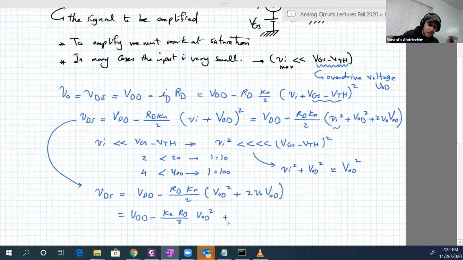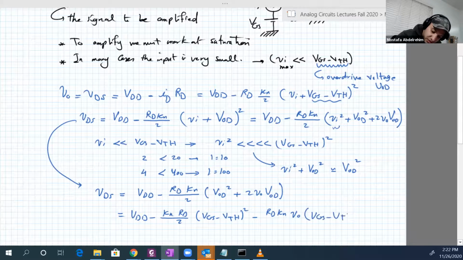And now I will bring V overdrive back to its original shape, VGS minus V threshold, so the squared term is (VGS minus V threshold) squared, plus or minus, because RD Kn over 2, and the 2 will cancel with the 2, so we don't need this.